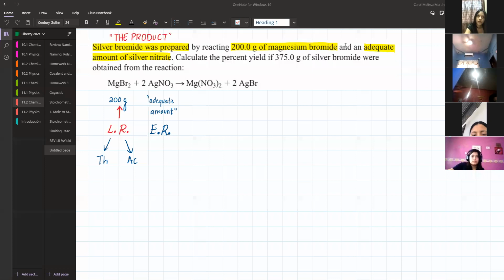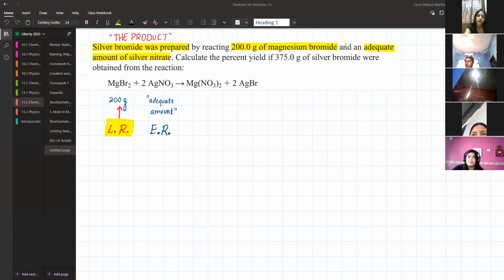So basically, the problem by just giving you the limiting reactant is telling you that you should work only with that reactant because the other one is in excess, okay? So you're gonna focus only on the limiting reactant because that one is the one that matters, remember?